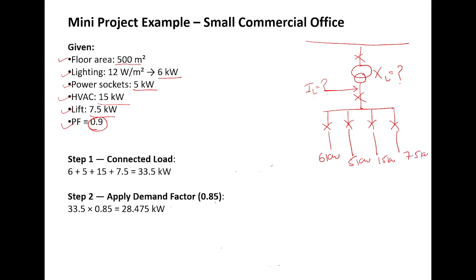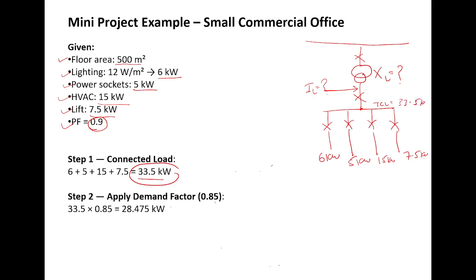Now the total connected load at this point will be 33.6 plus 5 plus 15 plus 7.5, it will be 33.5 kilowatt of load. This is my total connected load, but the cable size and circuit breaker size will be calculated based on demand factor.